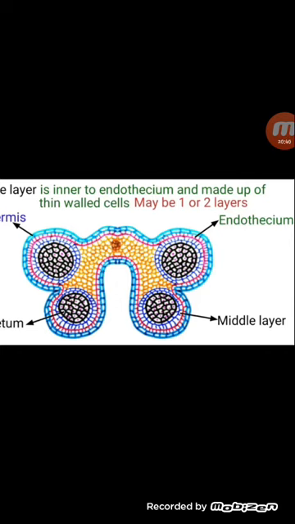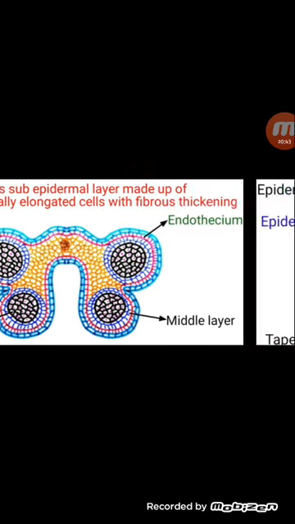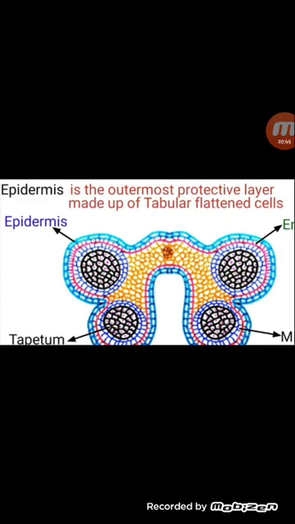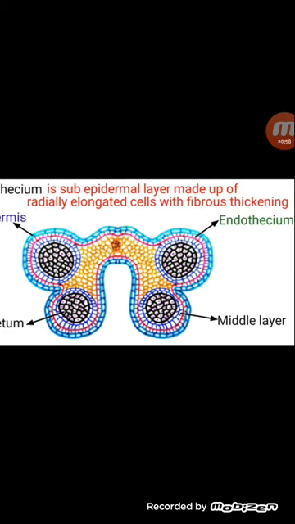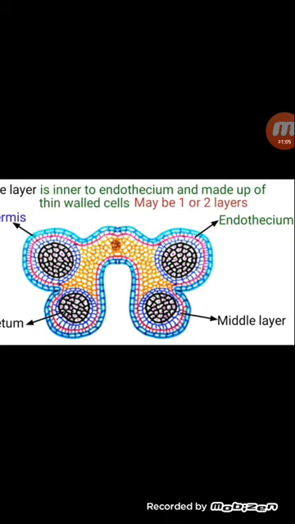Let's have a quick recap. Epidermis is made up of tabular flattened cells, function protection. Endothecium is made up of elongated cells with fibrous thickening. Middle layer is made up of thin walled cells. It may be 1 or 2 layers.